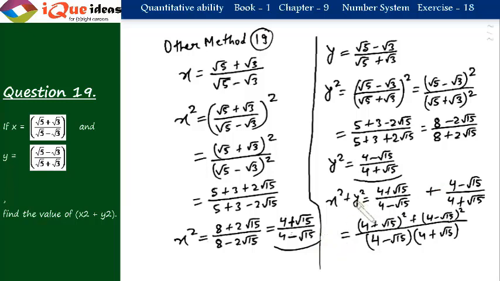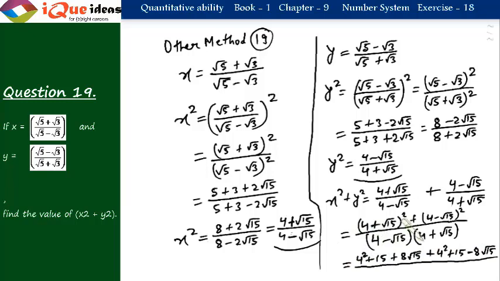So if you open the square, 4 plus root 15 whole square will be 4 square plus 15 plus 2 into 4, that is 8 root 15, and the other part will be 4 square plus 15 minus 8 root 15.